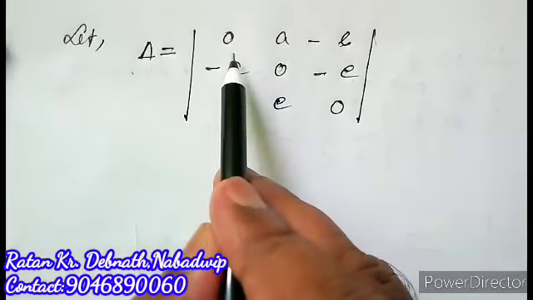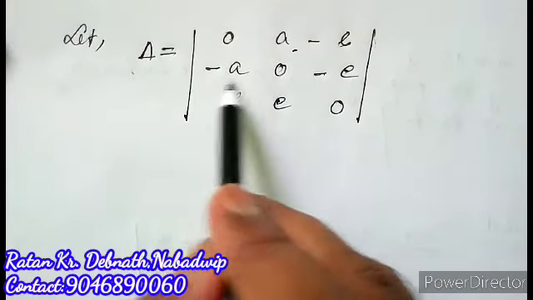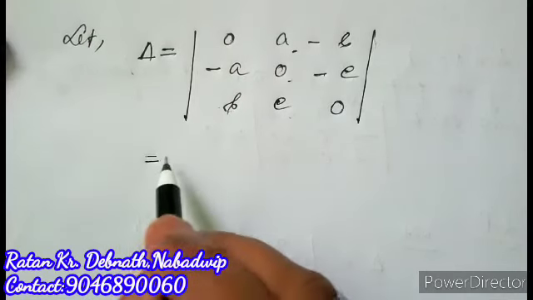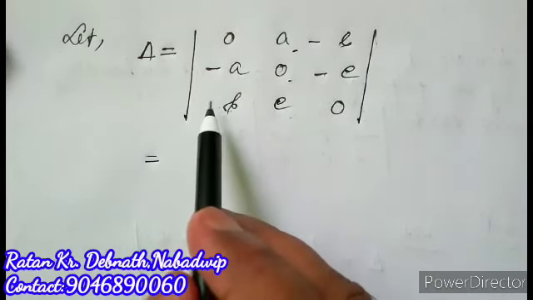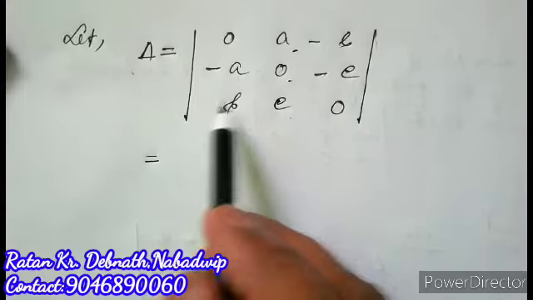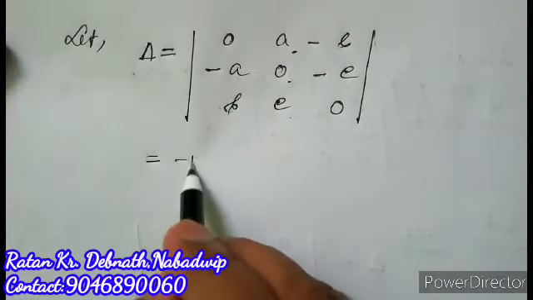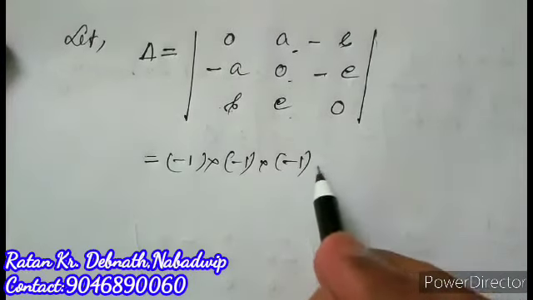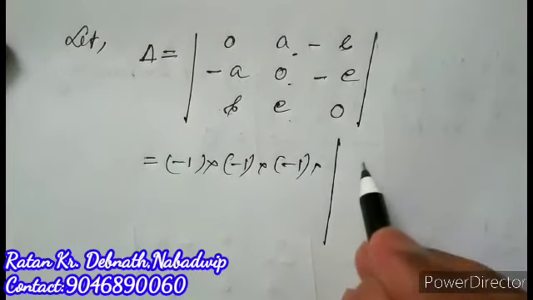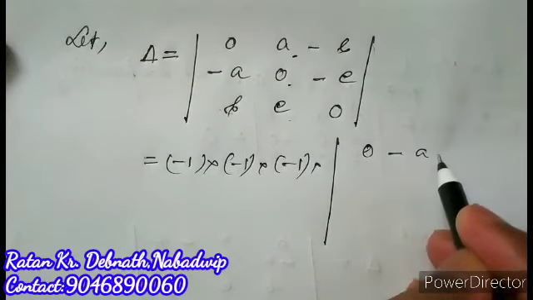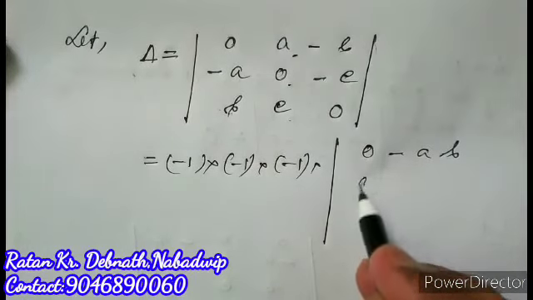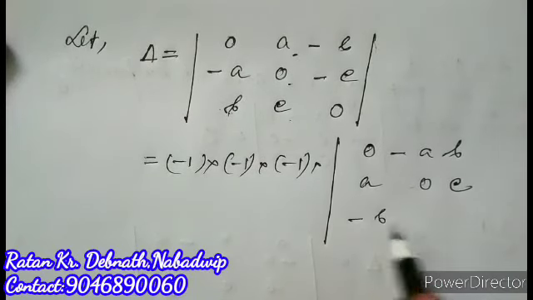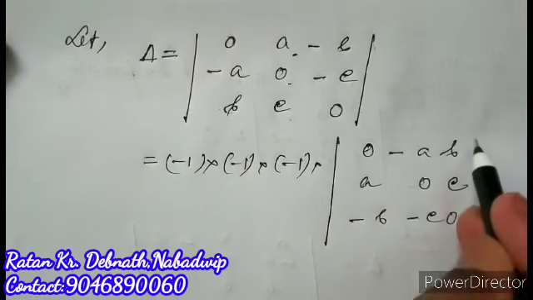Let delta equal to 0, a, minus b; minus a, 0, minus c; b, c, 0. Now multiply each of the rows by minus 1. This gives 0, minus a, b; a, 0, c; minus b, minus c, 0.